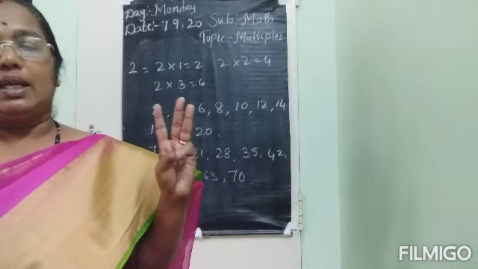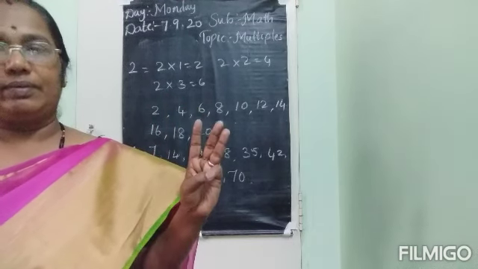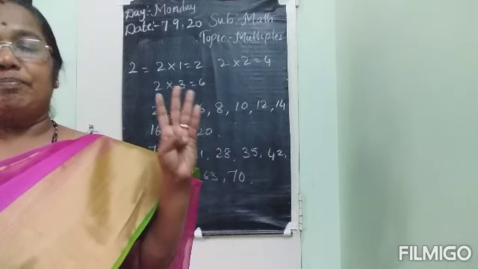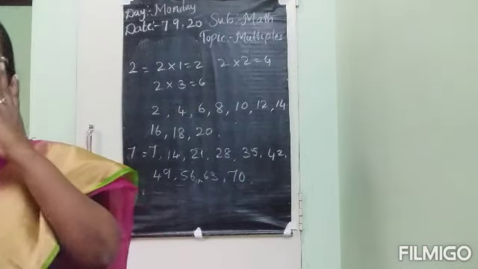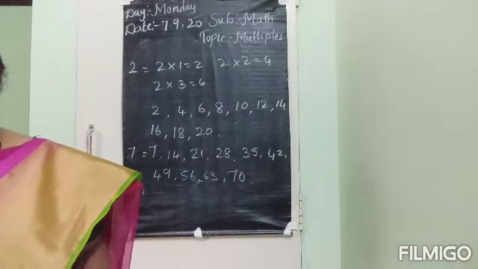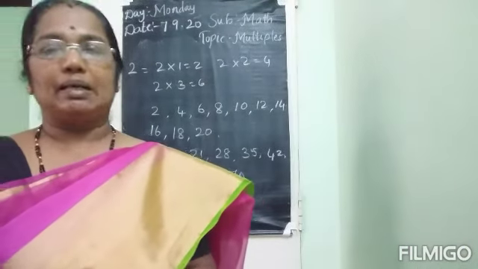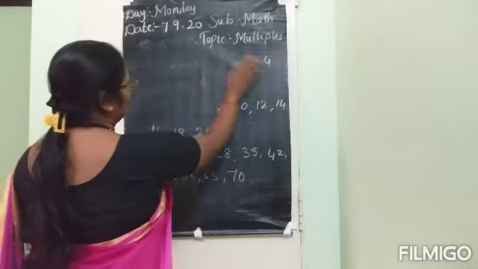Third property, every number is a multiple of itself. Fourth property, a number can have any number of multiples. Yes, children. Now we can see the next topic, common multiples. What are common multiples? Okay, I will tell you all.